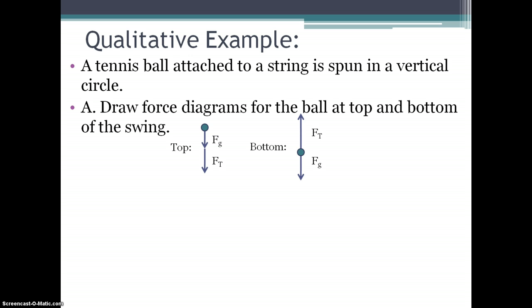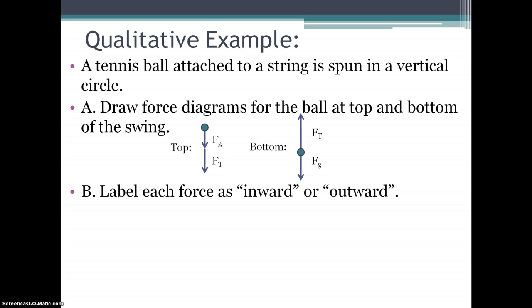So for the top, the Fg plus Ft is going to be equal to the net force. For the bottom, I have to have that same net force value where the tension is actually in the opposite direction as the gravitational force. And I'll talk more about the signs here as we get into it. So in my part B, we're going to label the forces as inward to the circle or outward, and we talked about that in our problem-solving strategy.